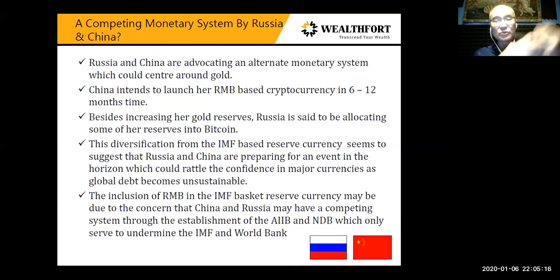Why don't I put your currency in my basket of reserves? So maybe it's trying to pacify China. We do not know, but this is telling you that a lot of political and financial games are being played among all the biggest countries.